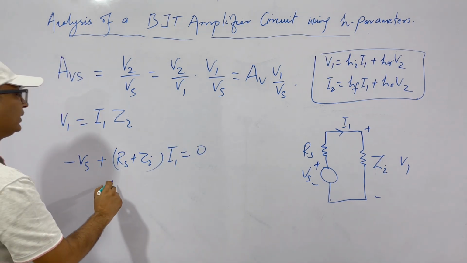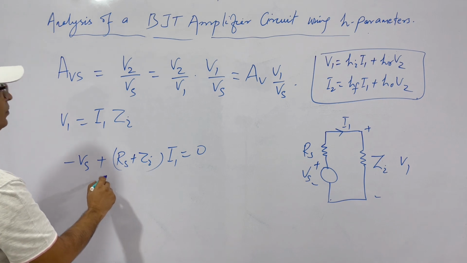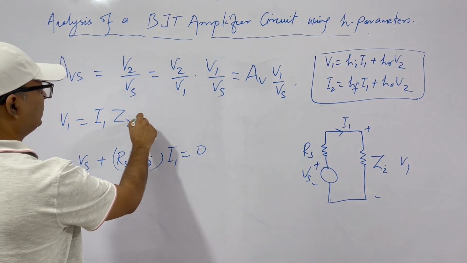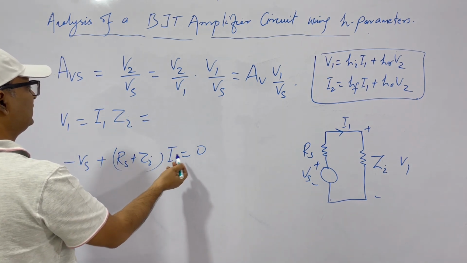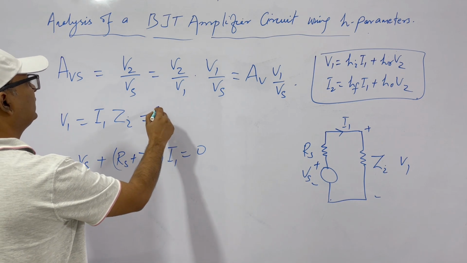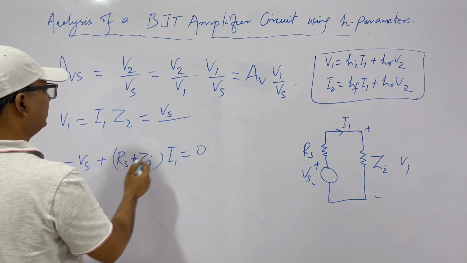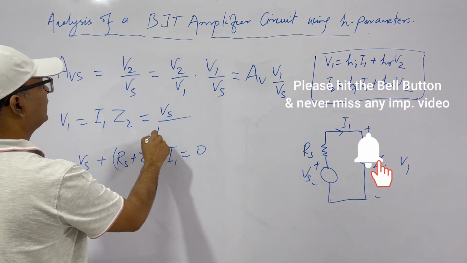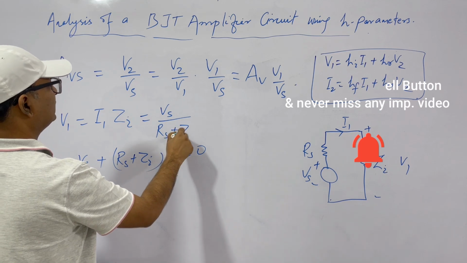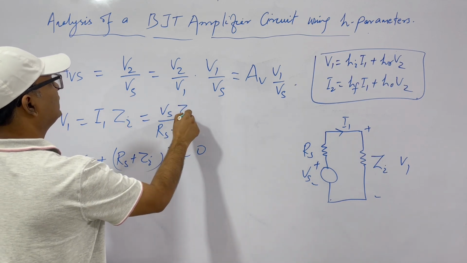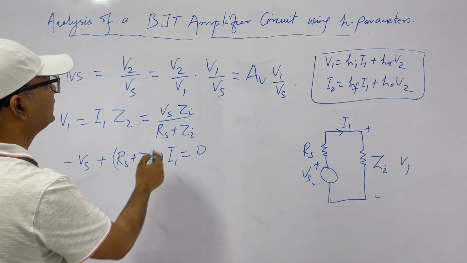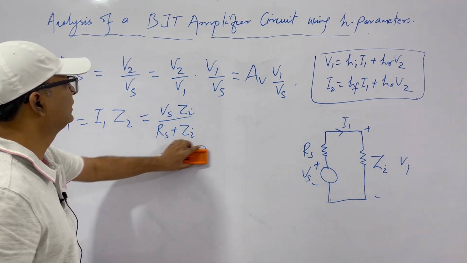From here what we get? We get I1 is equal to, or we have to take V1 by Vs. So I am writing it here. So I1 is equal to Vs by this Rs plus Zi, and this is Zi. Therefore V1 by Vs is what? Zi by this.